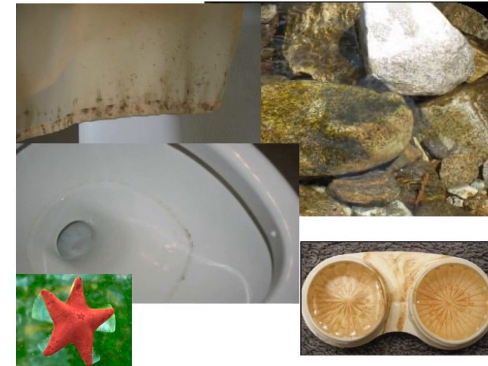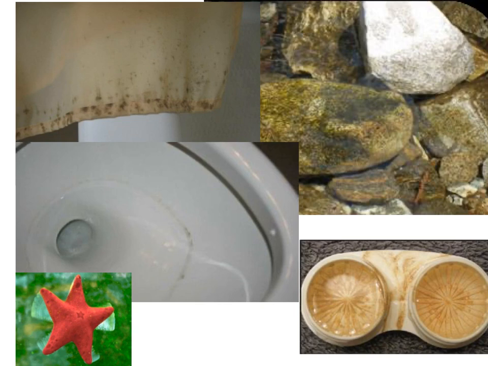There's many examples of this that you've probably seen in your daily life. So biofilms are just a layer of goo, including the microorganisms that created that goo. Some quick examples: shown here on the top left is a shower curtain with some probably mold, fungus, but also some bacterial growth.